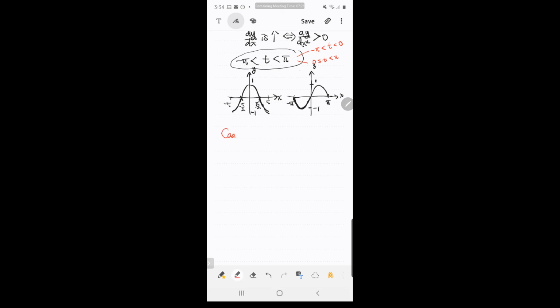So case 1, you explain saying that t is in between negative pi to 0. So over here, you say that 1 plus cos t is greater than 0. So this implies that 1 plus cos t cubed is always greater than 0. So you have number 1.